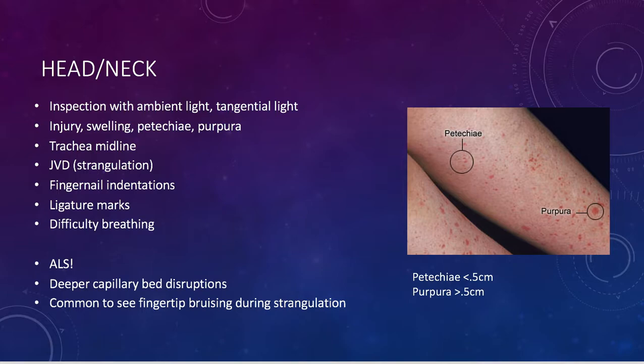Making sure that you're assessing for ligature marks, any difficulty breathing, and of course always use your ALS, because any type of strangulation, any report of it, anything you may not see with the ambient light, then you might very well see it with the ALS. And it is very, very common to see fingertip bruising during strangulation.